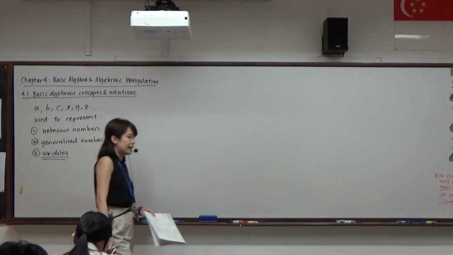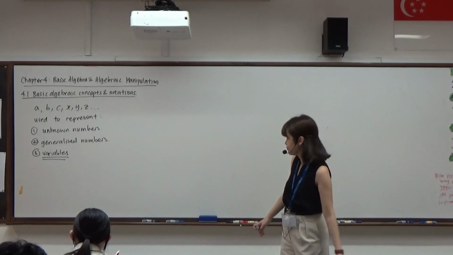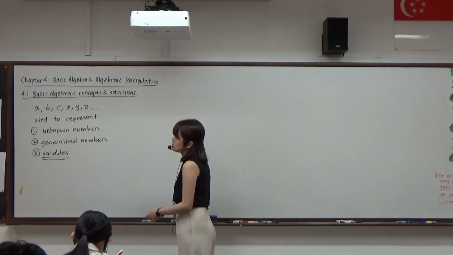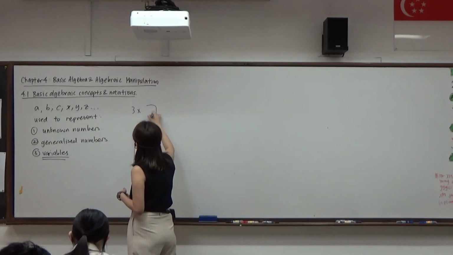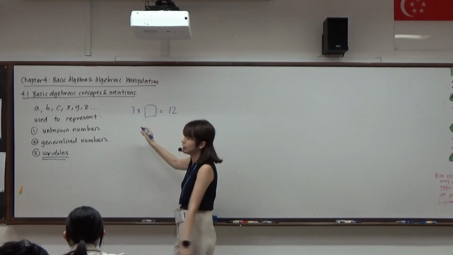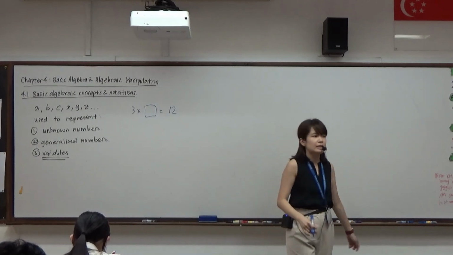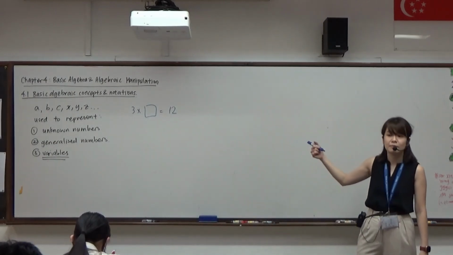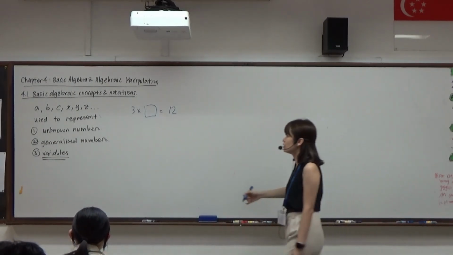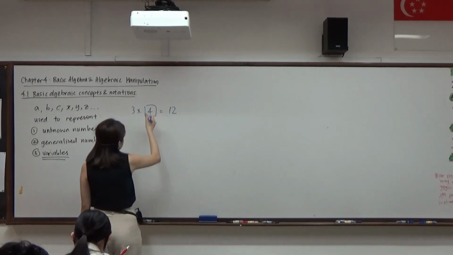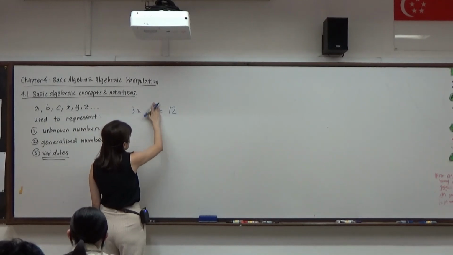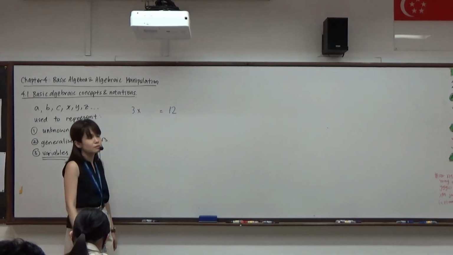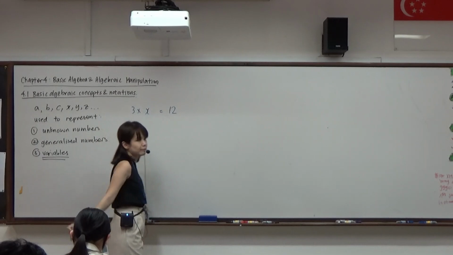So I believe, for example, in primary school, you might encounter questions such as 3 times a box equals to 12, and they ask you to fill in this thing in a box. What should be in the box? 4, right? I think we all know that. So instead of using a box, in our secondary school and our future journey, we are going to use an x to represent it.